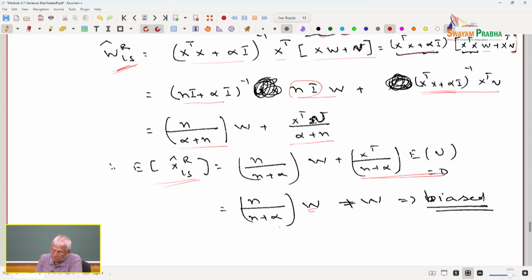So this quantity is less than 1 when alpha is greater than 0. My expected value of the estimate is not equal to w, but equal to a constant less than 1 times w. That means the estimate is biased.